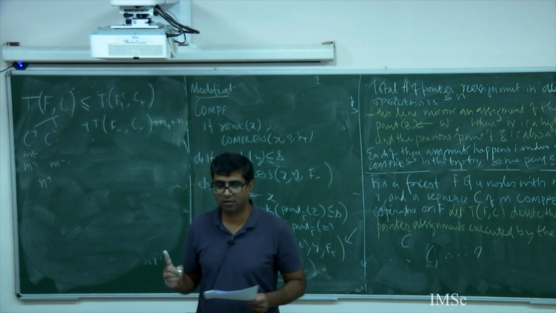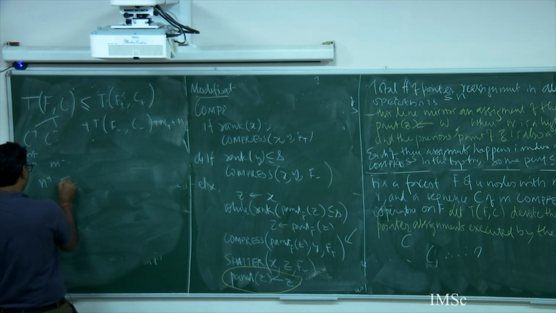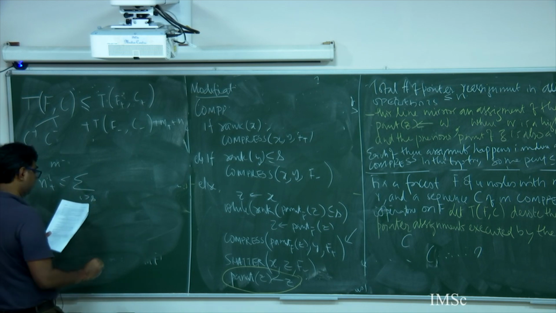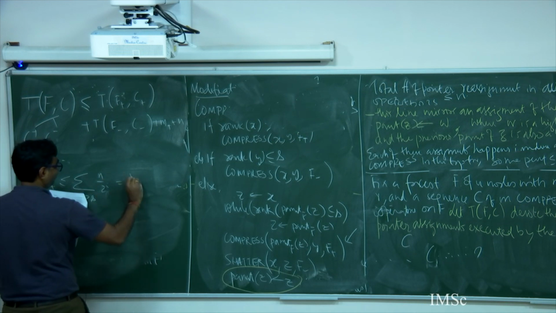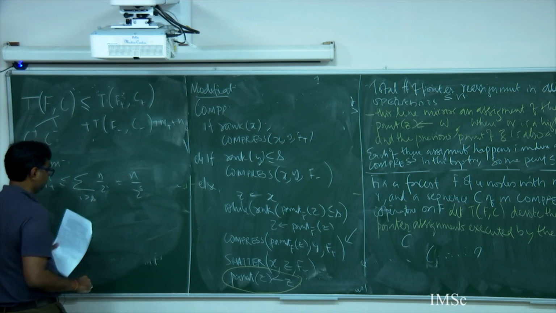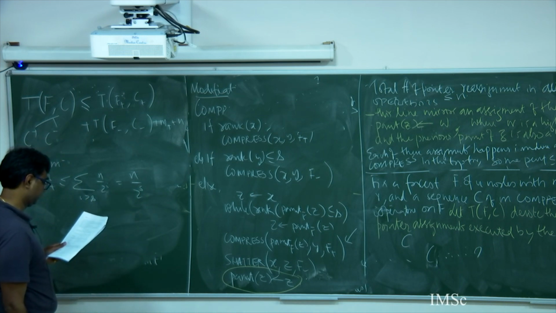So n plus is less than or equal to the summation over i strictly greater than s of n over 2 power i, which is roughly n over 2 power s.